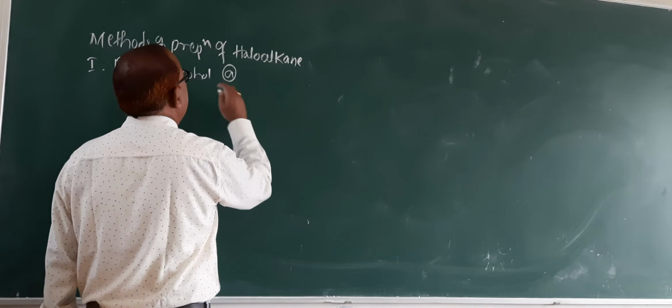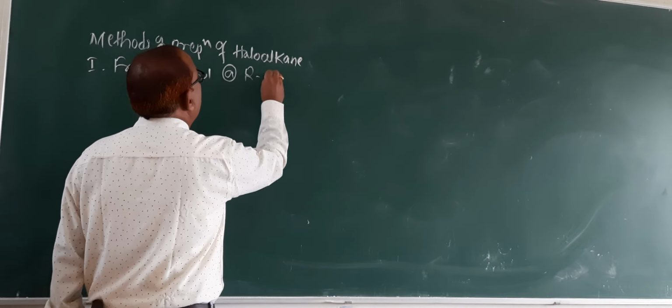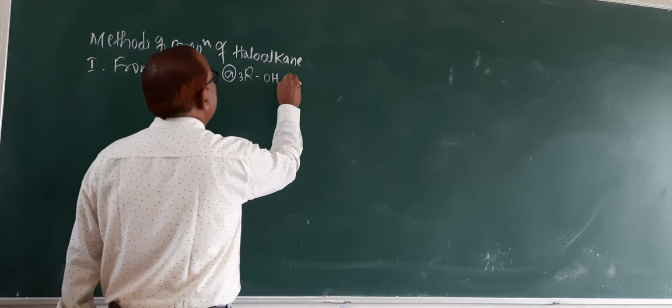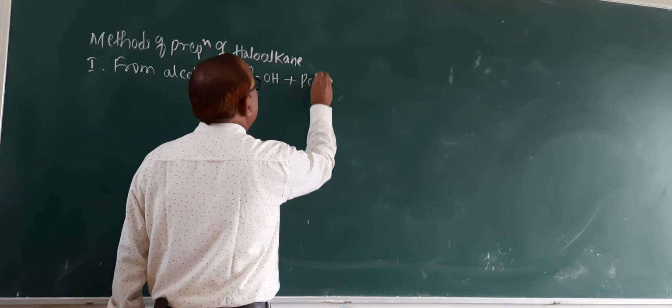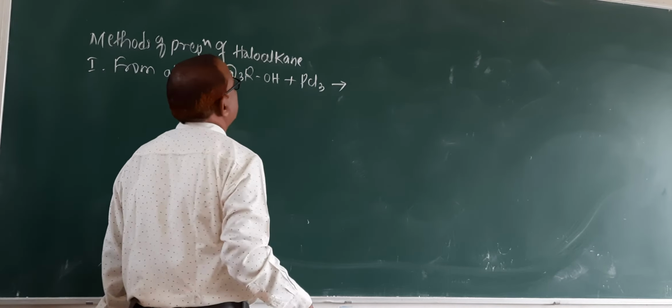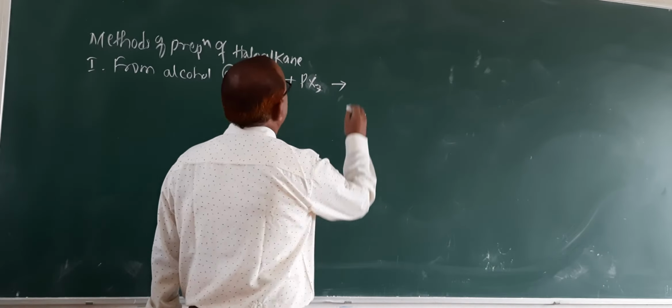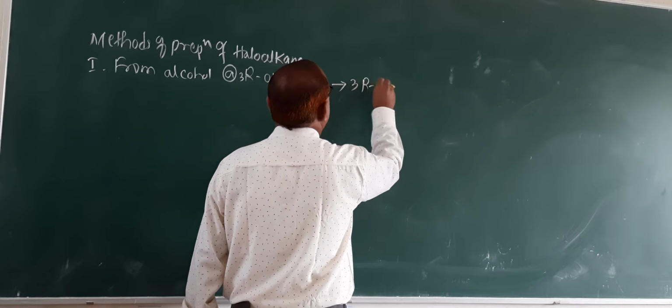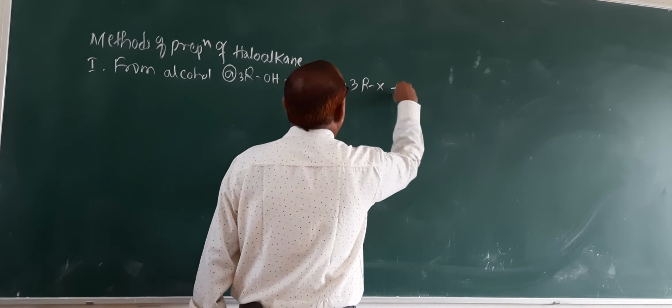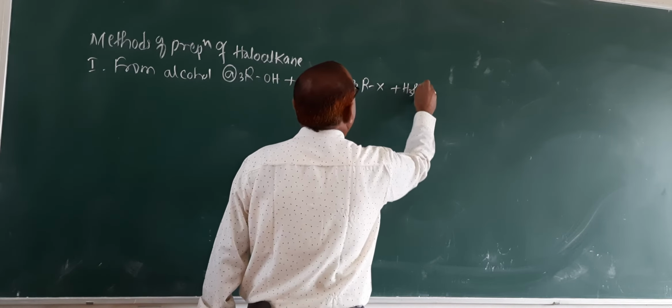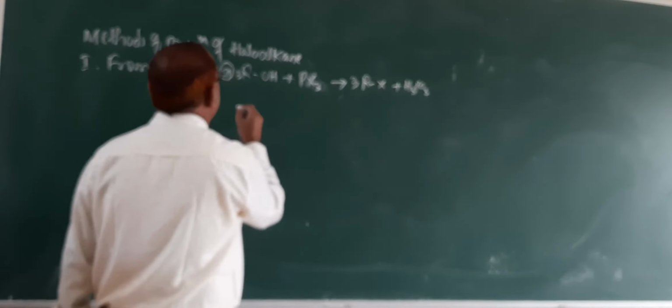First, sub number A, when alcohol is heated with phosphorus trihalide, that is PX3, you will get three molecules of haloalkane with phosphorus acid. You can take examples simultaneously.